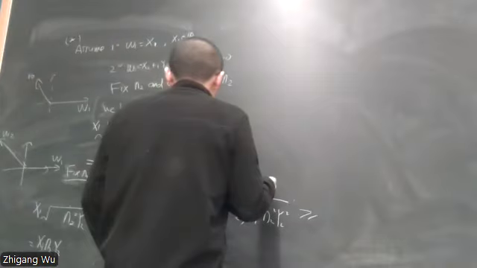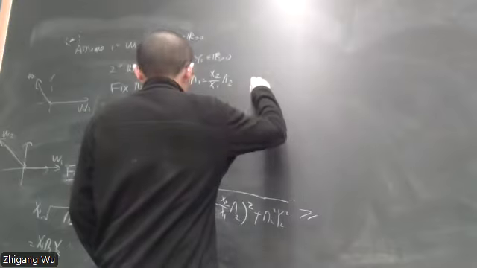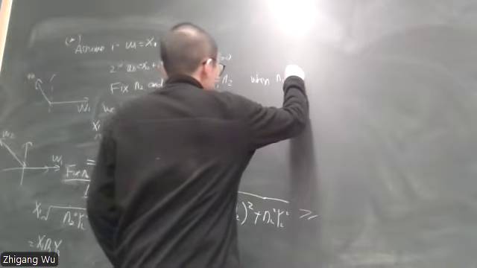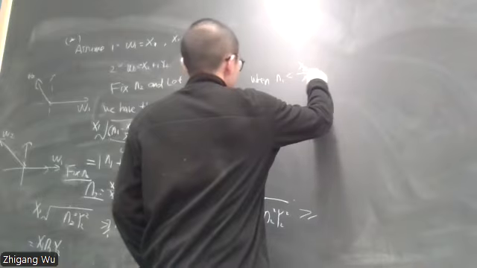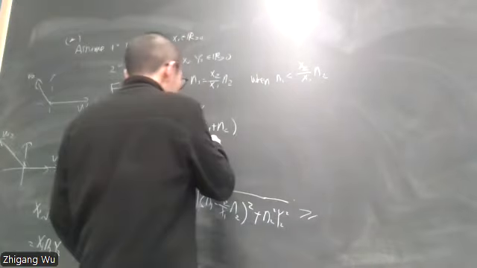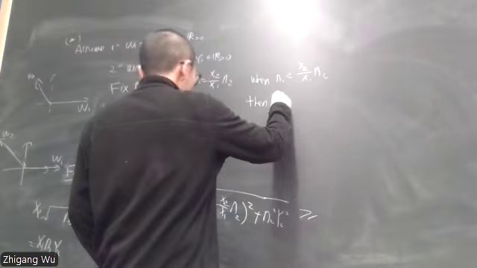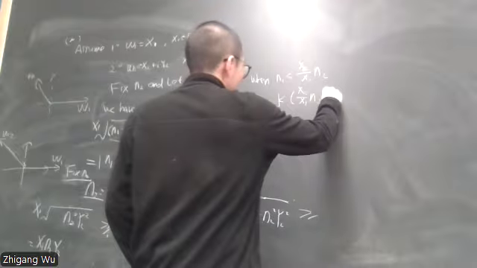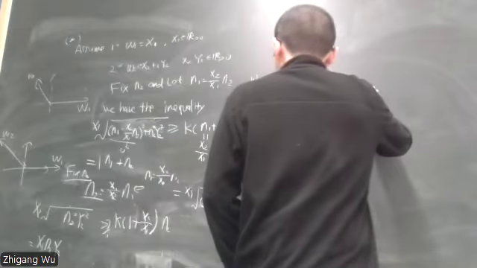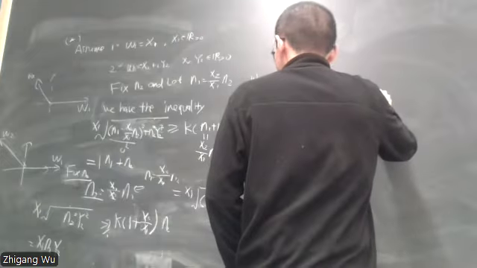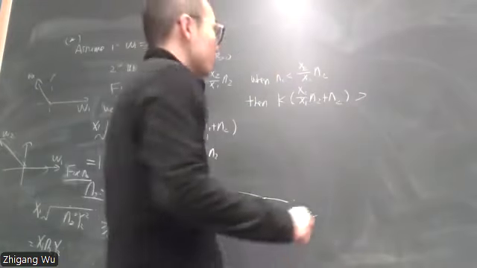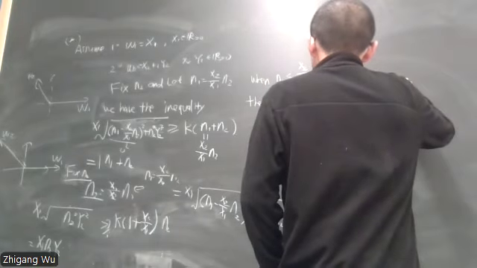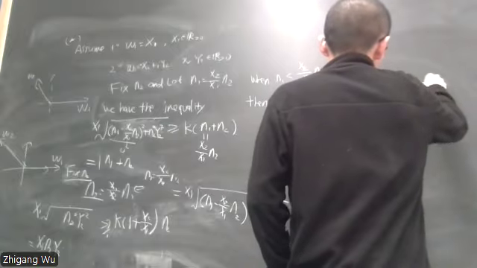So when this n1 is less than n2 over x1 times n2, then we have k times x2 over x1 n2 plus n2 is strictly bigger than k times n1 plus n2.